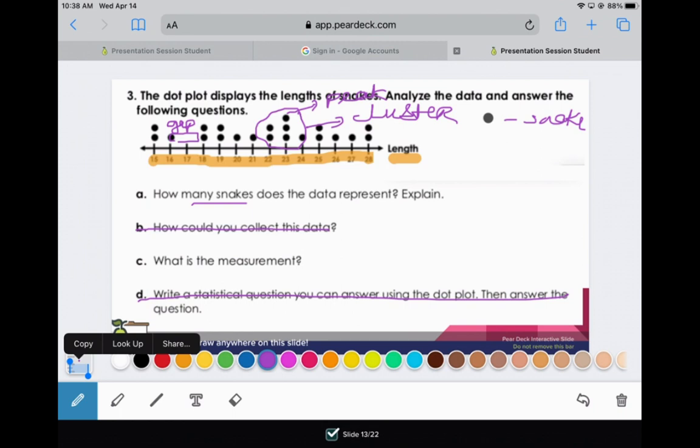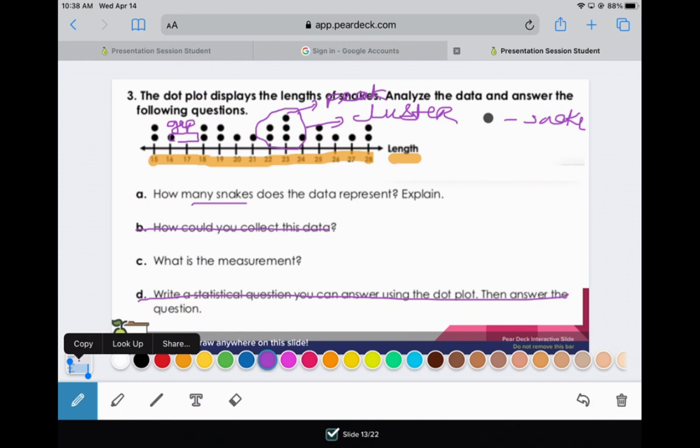Some of you are awesome. You went above and beyond. You answered questions B and D as well. That is awesome. Thank you. I appreciate that. And it's correct, though. And so one of the things was how could you collect this data? I have some of you, I did not ask you to do it, but I'm just reading from what I see.